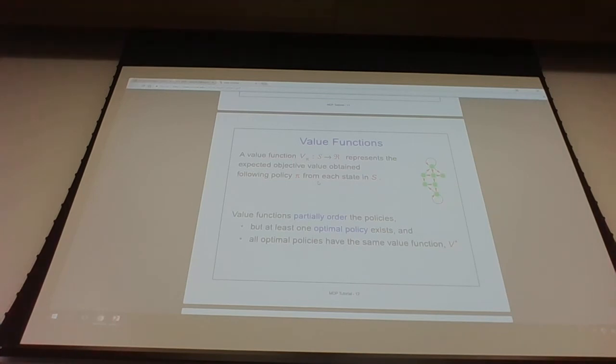So the value function says that if I give you a state and you start from that state, you take the policy for as long as you want, it gives you the reward. So this means that it's not a one-step reward. There is no time limit here. You can take the policy for as long as you want, but you will only have that reward. So that is what the value function gives you.